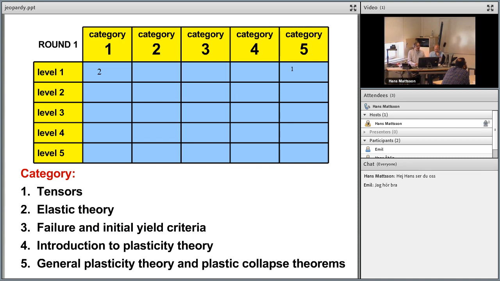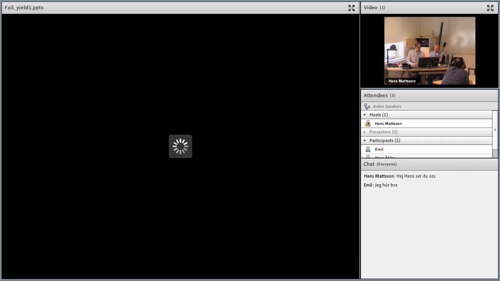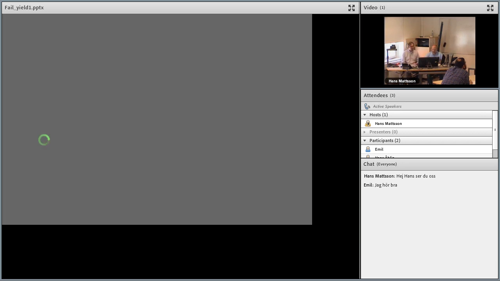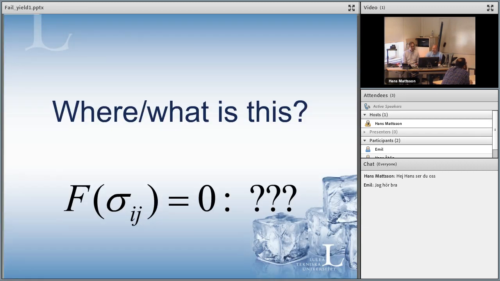Okay, then we go to group number 3 to choose a category and a level. Category 3, level 1, group number 3 is choosing. Okay, are you ready? Wait, what is this? Or where is it?